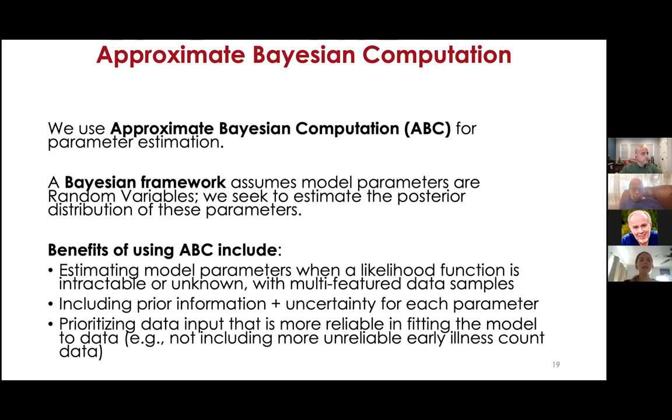The benefit of this for our overall approach is that it allows us to specify prior information from external sources when we have that. Another advantage is it allows us to prioritize data that's more reliable in fitting the model. So for example, if we believe that the data that we have on deaths is more reliable than data on infections, then we can weight that a little bit higher. But the main value of the approximate Bayesian computation in our framework is being able to specify prior information. Can you go to the next slide?